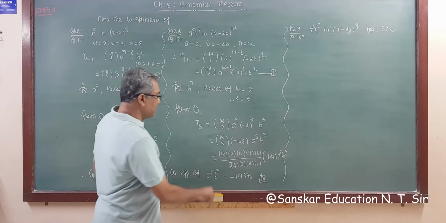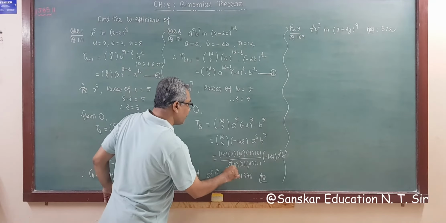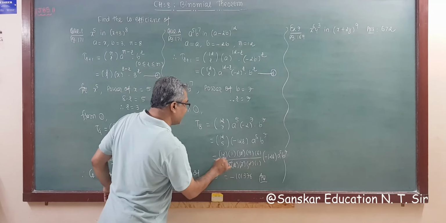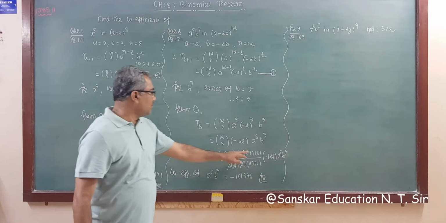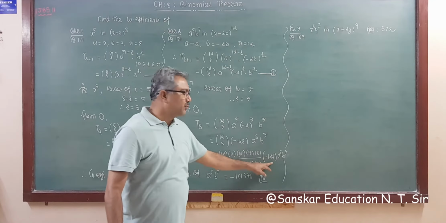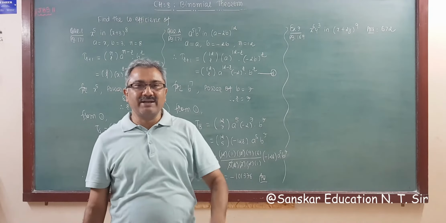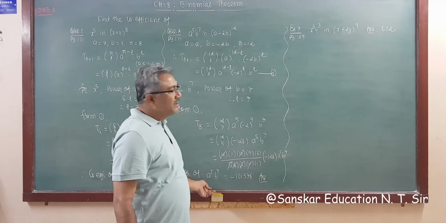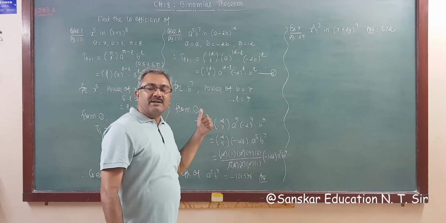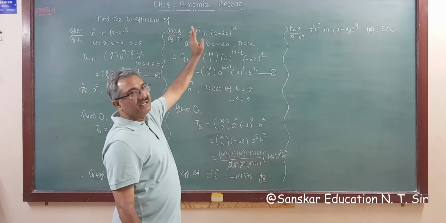Because 5 into 2, 10 will be cut, 4 into 3, 12, so this 12 will be cut. So 9 into 8, 72, into 11, into minus 128 will be your answer. So do the multiplication yourself and get this answer. So this is the way to solve questions like the a raised to 5 b raised to 7 coefficient.